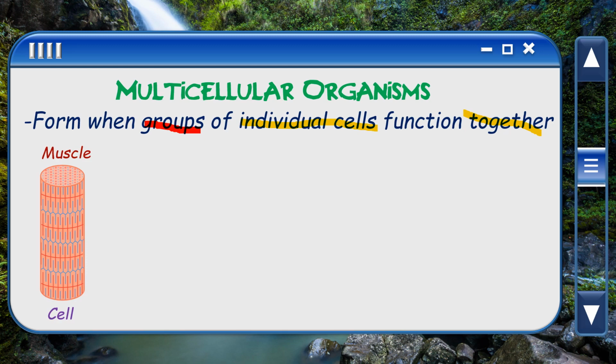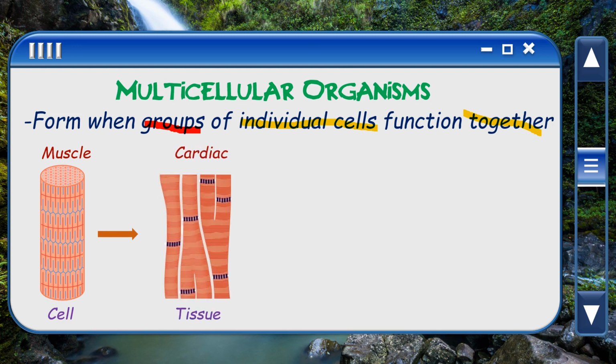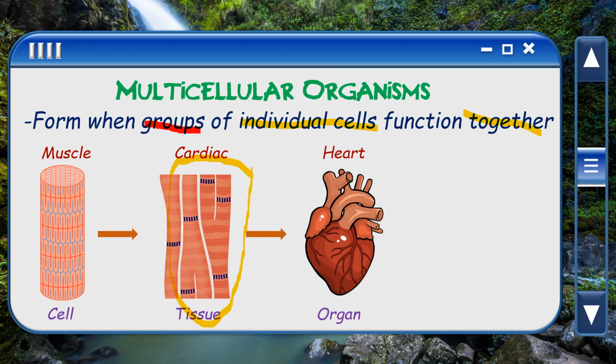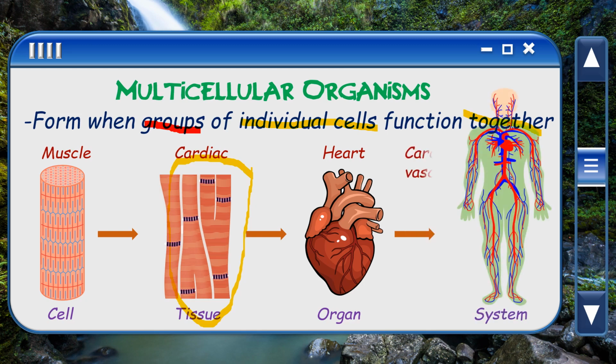For example, we have the muscle. When the muscle cells come together, they are going to form a tissue. For example, we have the cardiac tissue. When these come together, they will form an organ. And when the organs come together, we form our system, the cardiovascular system.